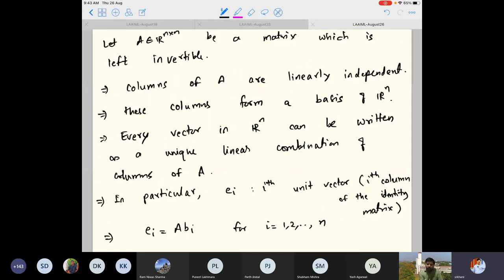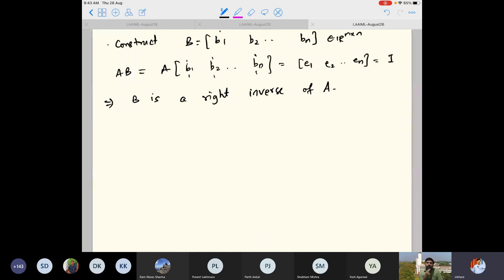This is exactly the same method that you use in your 12th standard to find the inverse of a matrix, right? You remember this? Just think about it and see what happens.